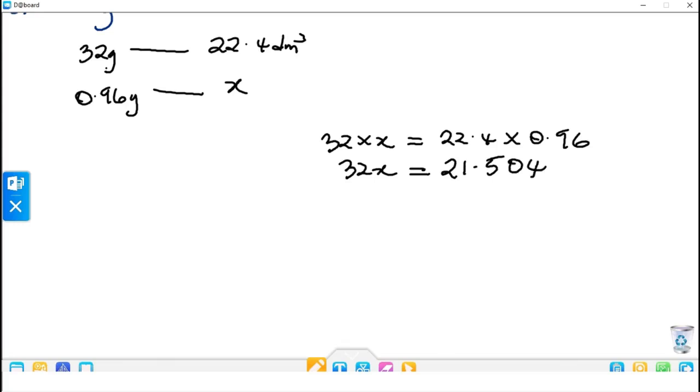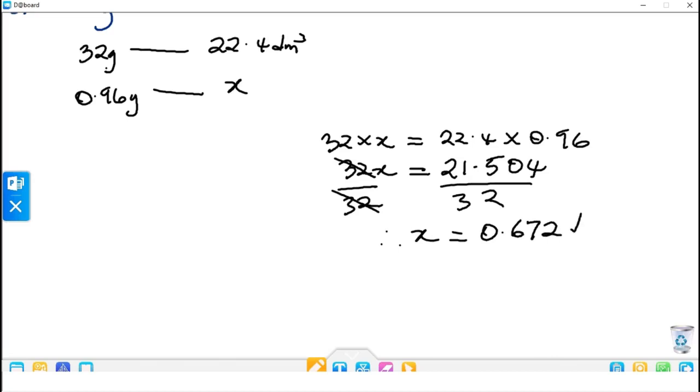And when we divide both sides by 32, 32 cancels 32, so X will be 21.504 divided by 32, and that gives us 0.672 dm cubed. So that is our answer.